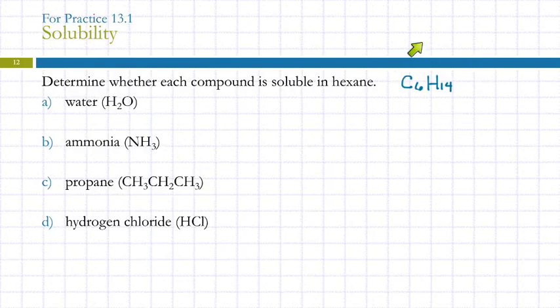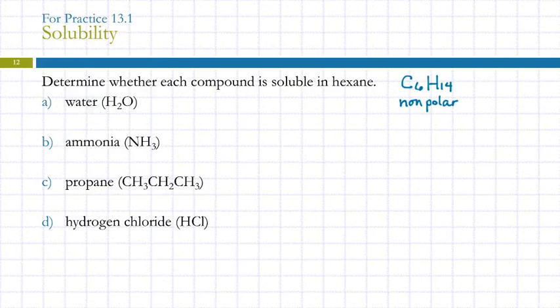So hexane, is this polar or nonpolar? It's nonpolar because carbon-hydrogen bonds are nonpolar, and so this whole molecule is going to be nonpolar. There's no lone pairs on it. Just remember that carbon-hydrogen compounds are nonpolar. So then we're looking at how this is going to mix with water.